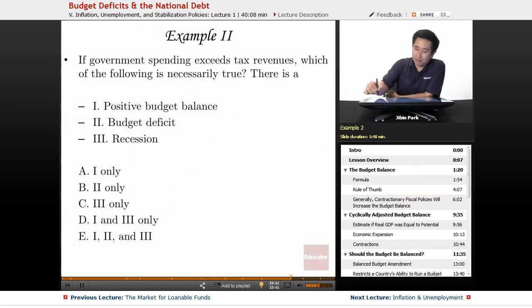So let's take a look at example number 2. This is a little bit simpler multiple choice question. If government spending exceeds tax revenue, then this is going to be a budget surplus. Another way of saying budget surplus is a positive budget balance.